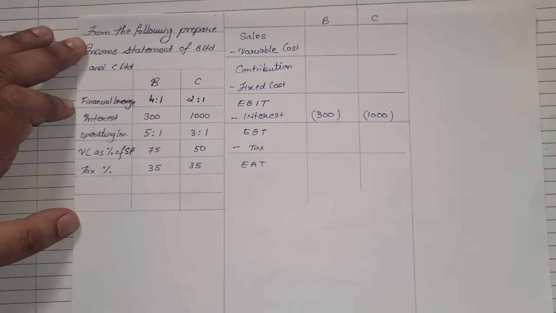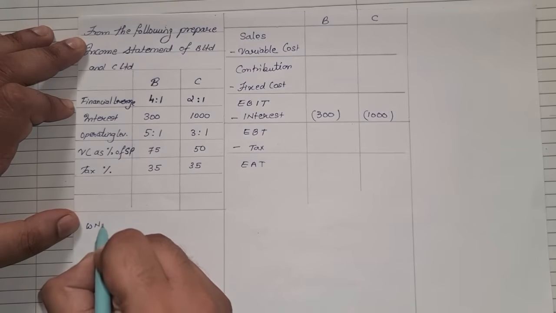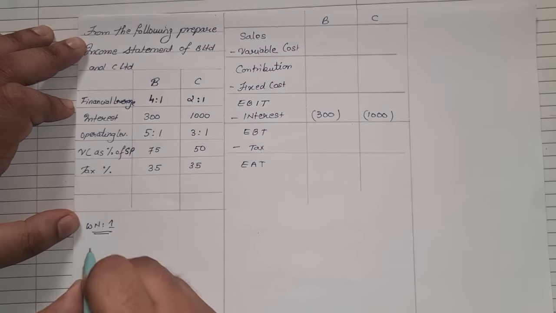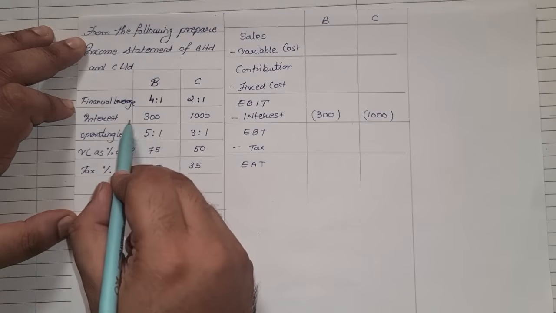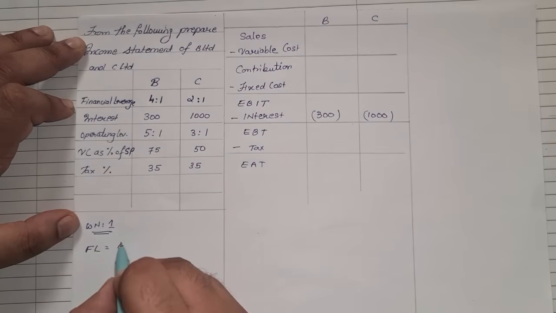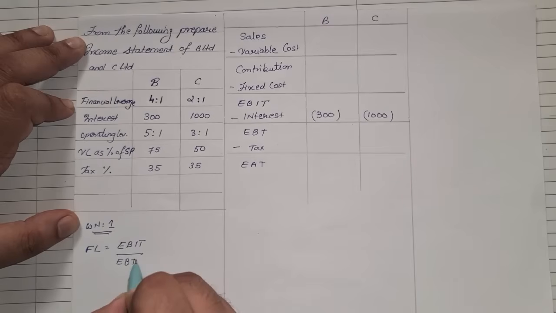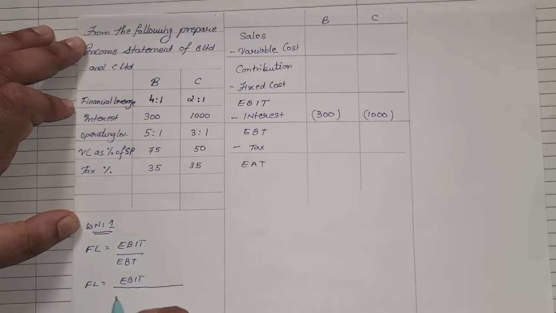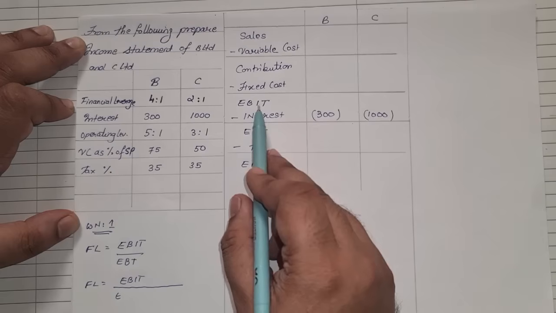Now in order to solve such a sum, always remember the working note. Number one, always remember financial leverage: whenever they are giving you interest and financial leverage, the formula for financial leverage is EBIT upon EBT, and EBT is nothing but EBIT minus interest.